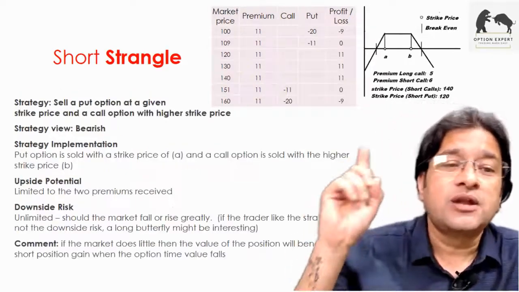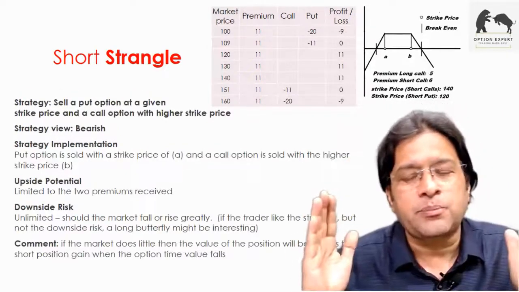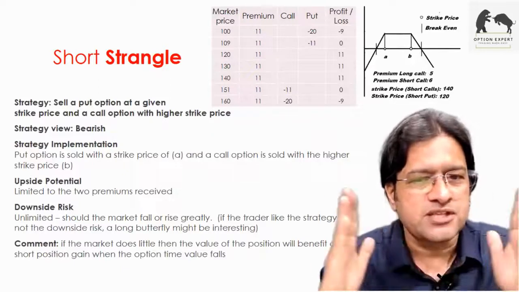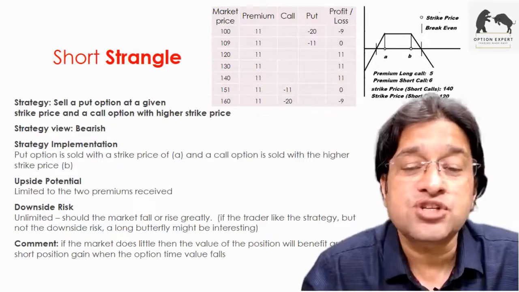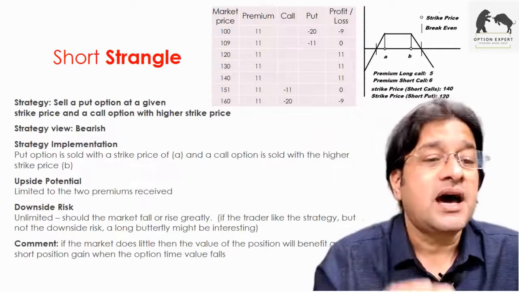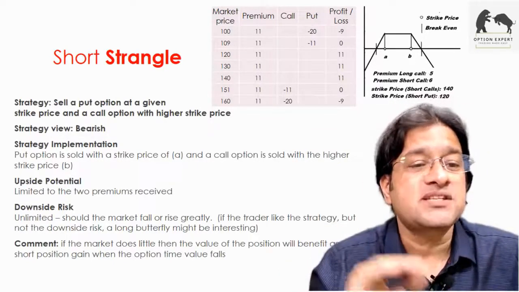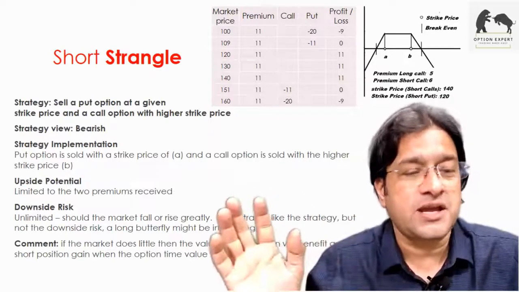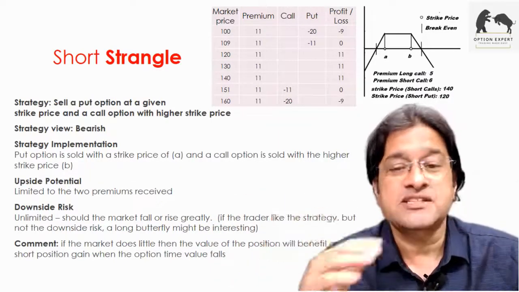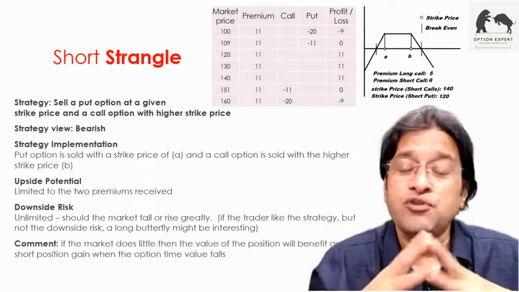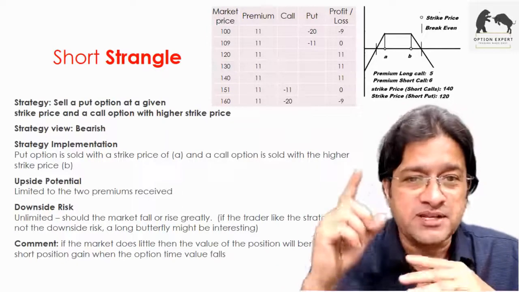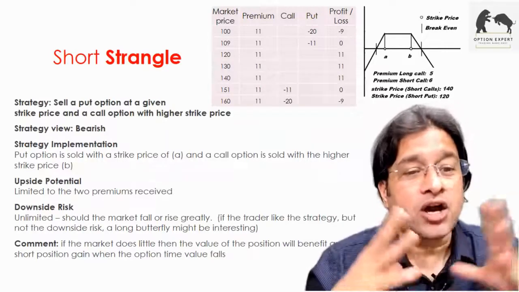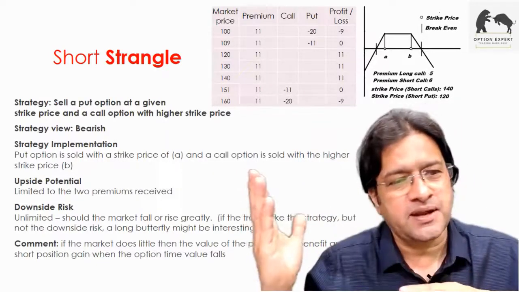Now, similarly, look at when there are two different points. If you're executing the same position at two different strike prices, then it becomes a short strangle. Sell a put option at a given strike price and a call option with a higher strike price. If your view is bearish, the put option is sold at strike price A and the call option at a higher strike price.